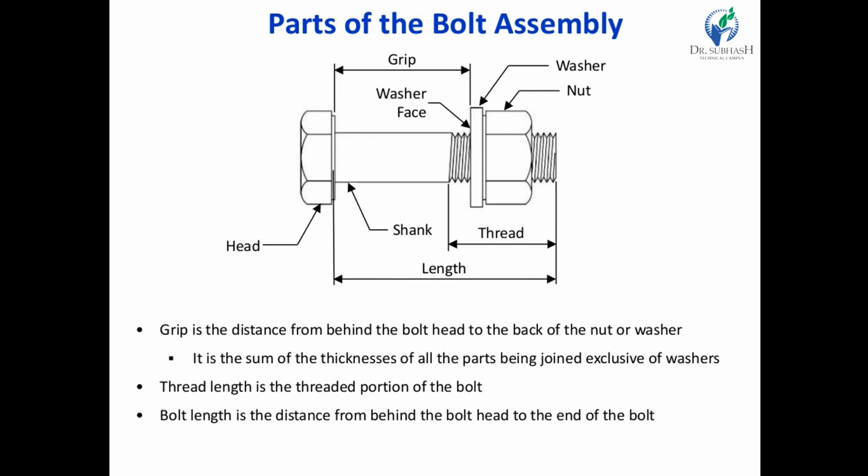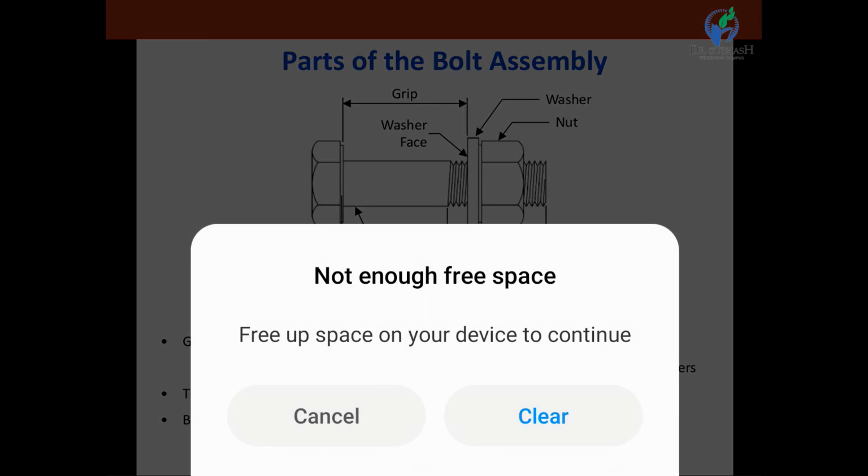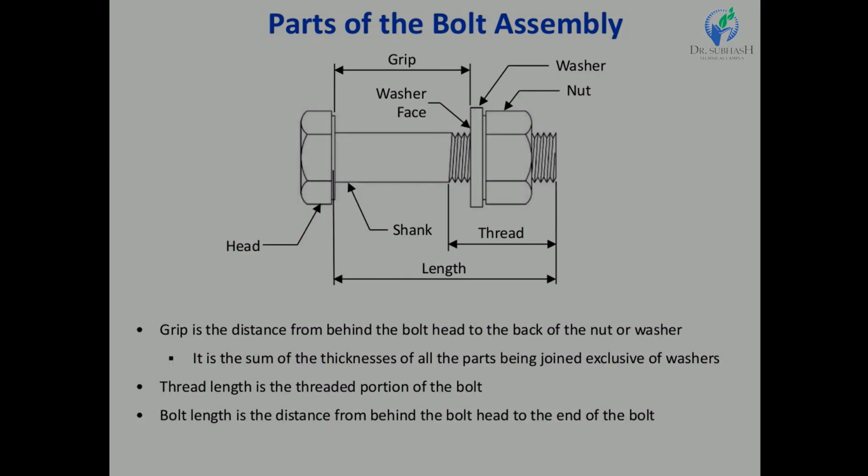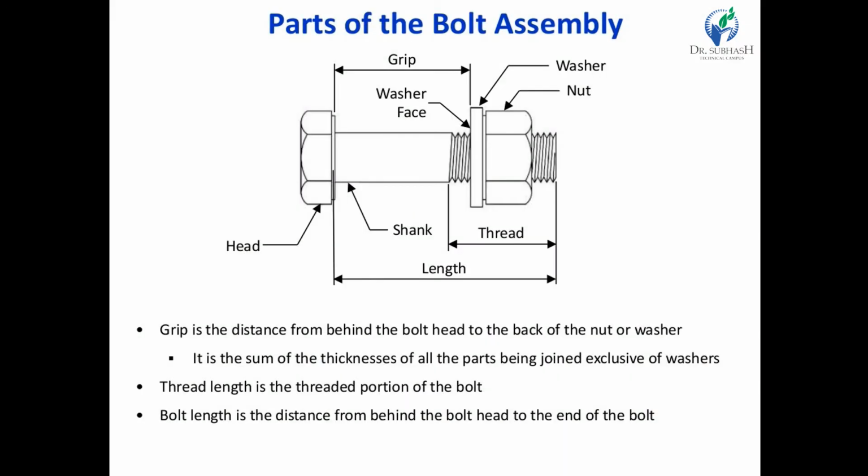Next, the parts of a bolt assembly. You can see the parts of the different bolts in the figure. First is the head, and second is the shank area, meaning the unthreaded portion. The last portion of the bolt is the threaded part, and the whole portion is denoted by the length of the bolt.